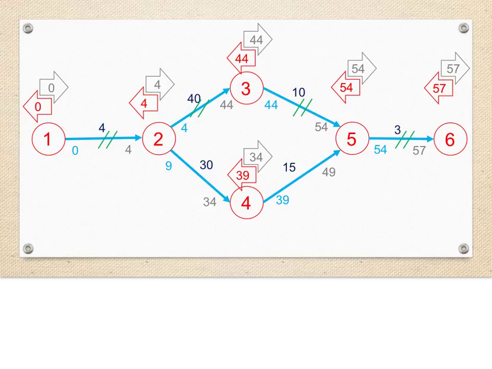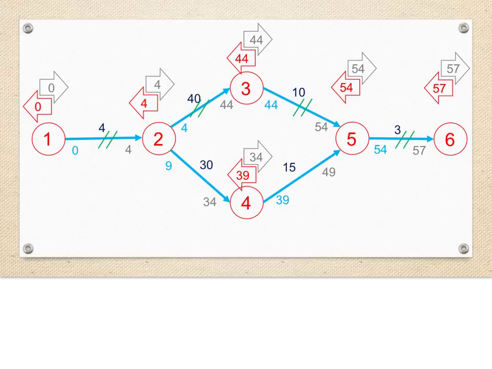So as you can see, the critical path is from events 1 to 2 to 3 to 5 to 6, meaning a delay in these tasks would affect the end date of the whole project.